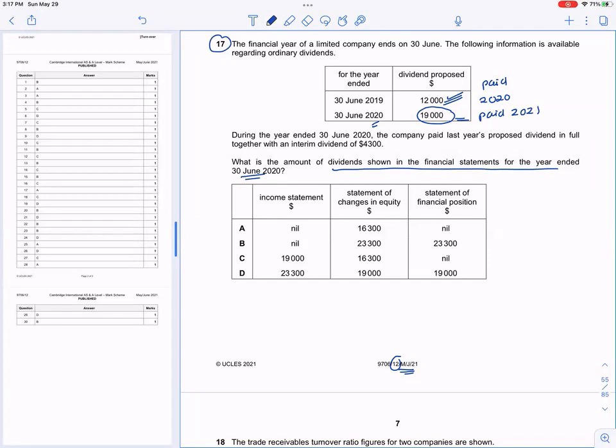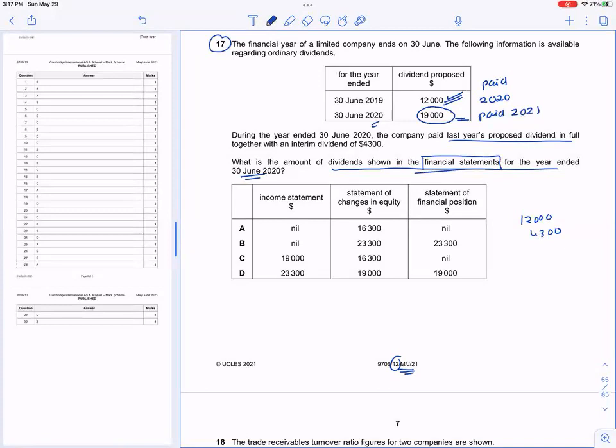During the year, the company paid last year's proposed dividend in full. That means it paid 12,000 in full, together with an interim dividend of 4,300. What is the amount of dividend shown in the financial statements for the year ended 30th June 2020?